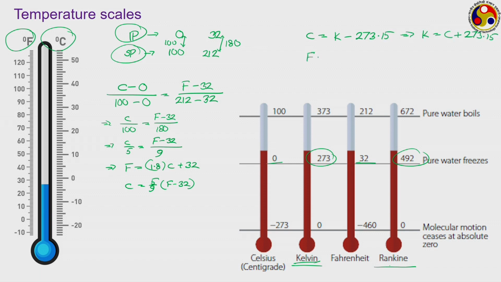Similarly, any value in Fahrenheit scale will be equal to R, the corresponding value in Rankine scale, minus 459.67, or the value in Rankine scale will be the value in Fahrenheit scale plus 459.67.